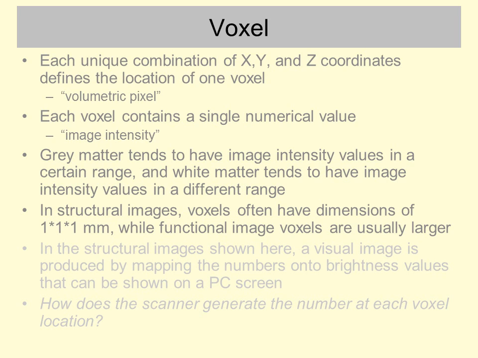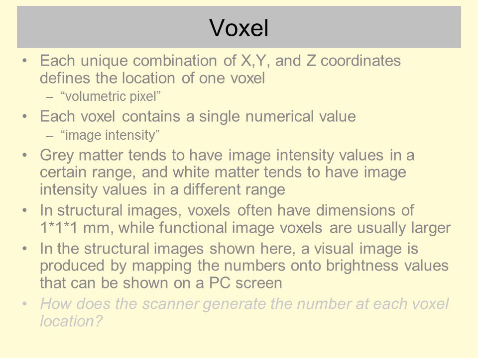And it's important to note that that functional voxel is not 3 times larger than that 1 by 1 by 1 structural voxel. It's actually 27 times larger, because the volume of cortex, or whatever tissue is in the voxel, is 1 cubic millimeter in the case of the anatomical or structural image, whereas it's 3 times 3 times 3 equals 27 cubic millimeters for the functional image.